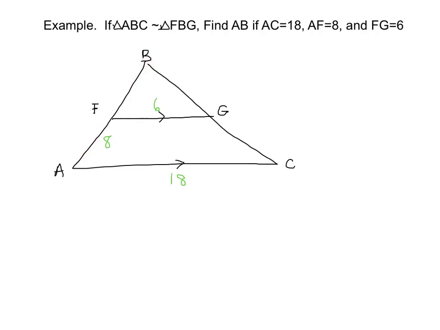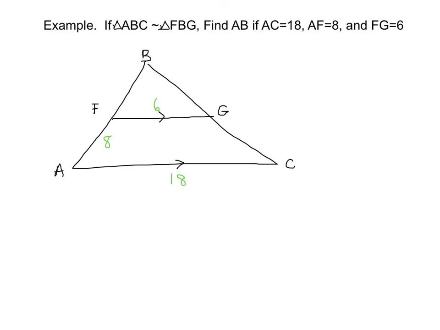We know that ABC is similar to FBG. Because of this, all the sides are proportional. The big left side is proportional to the little left side, the big right side is proportional to the little right side, etc. So we can set up a proportion of the sides that we actually know.